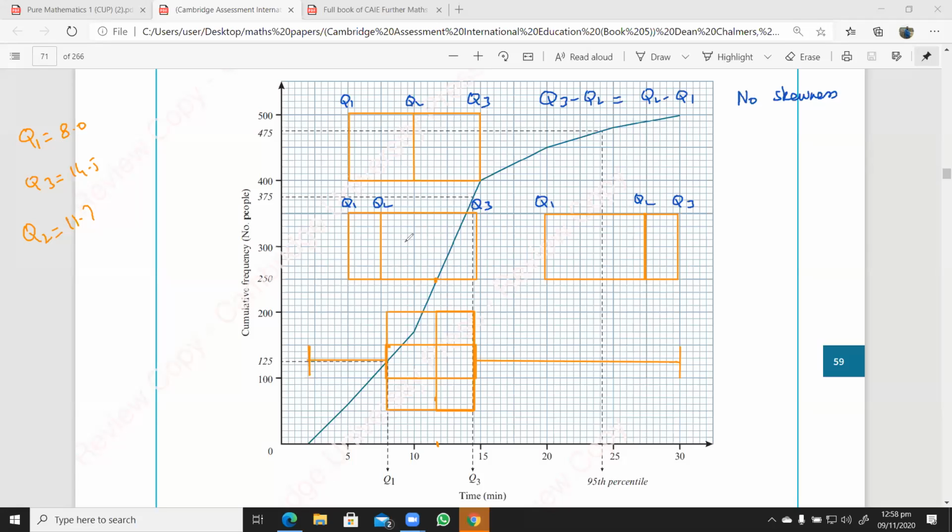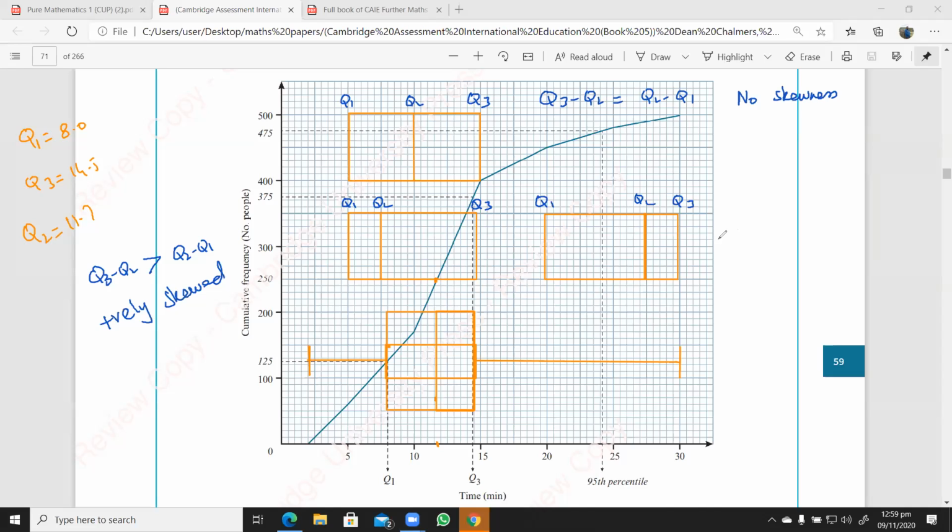Now in this case, you see that your Q3 minus Q2 is greater than Q2 minus Q1. This means that the majority of the data is after the median, towards the greater side. So your data is positively skewed.